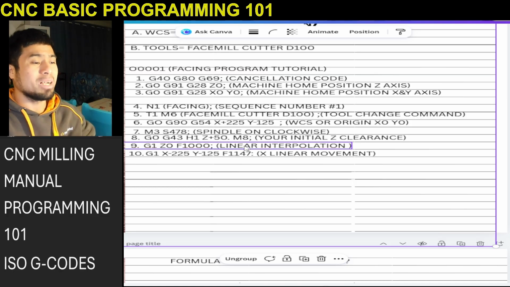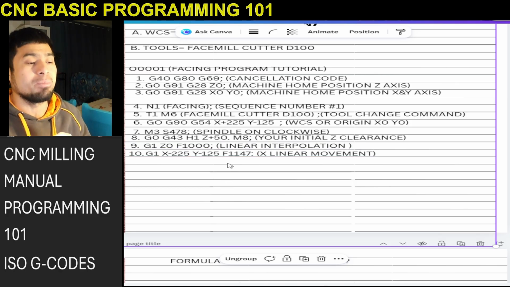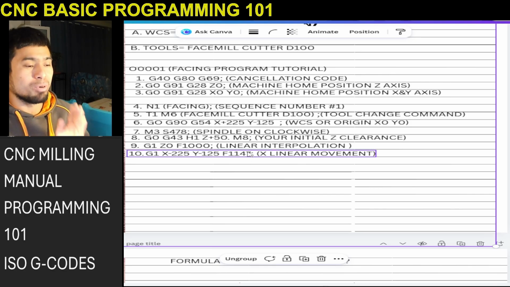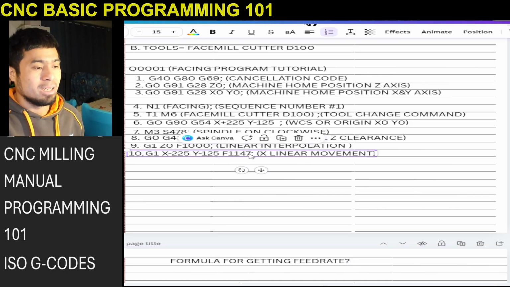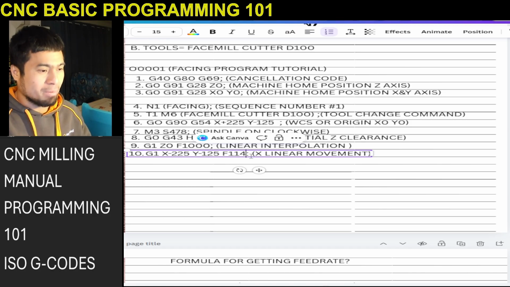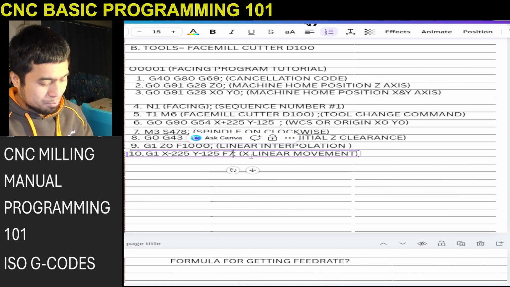You can use up to a maximum of 1,147 feed rate for that specific cutter. So in this case, let's just put in the 765.